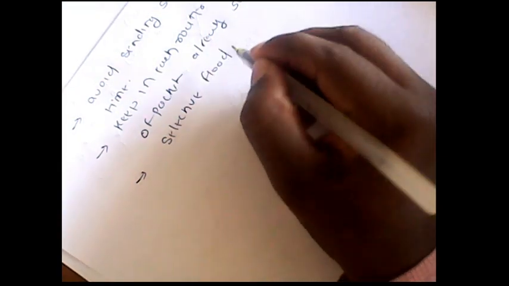Then selective flooding. Selective flooding is the third method to avoid the number of duplicate packets.